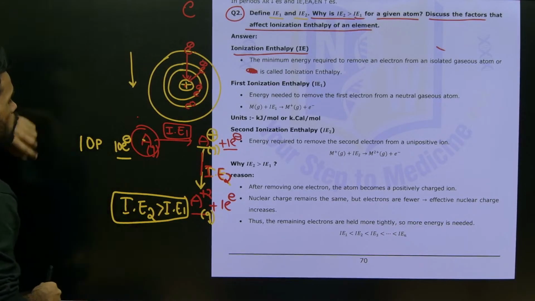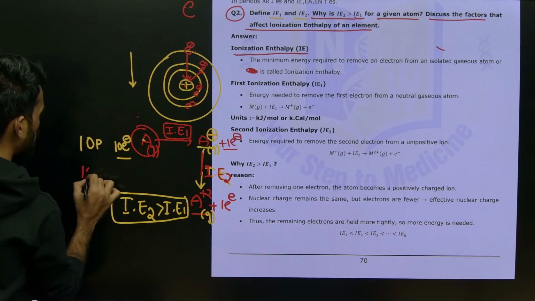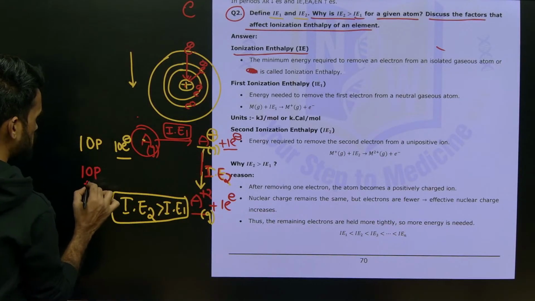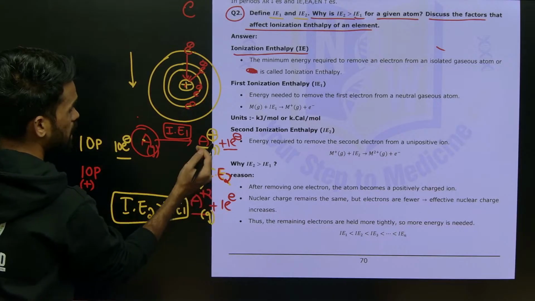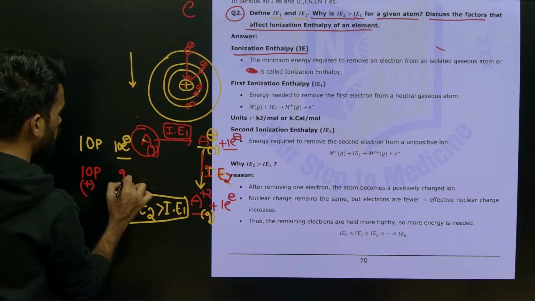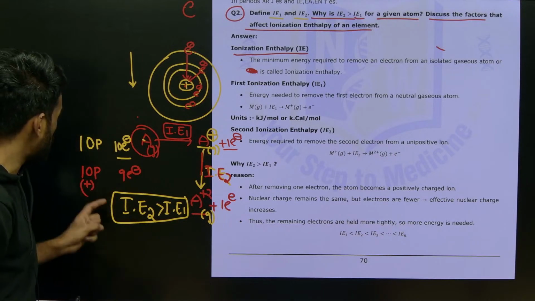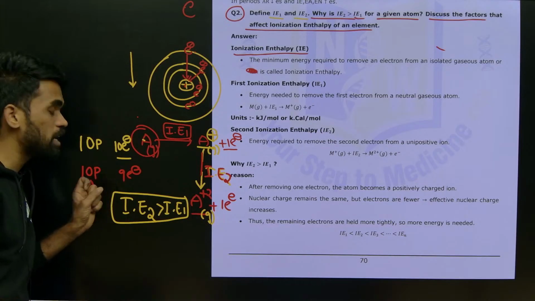Now if I say unipositive cation, the number of protons will be the same, which means positive charges are the same, but how many negative charges, electrons? Already we removed one electron, so it will be 9 electrons only. So the number of electrons is decreasing, which means positive charge is more and negative charge is lesser.